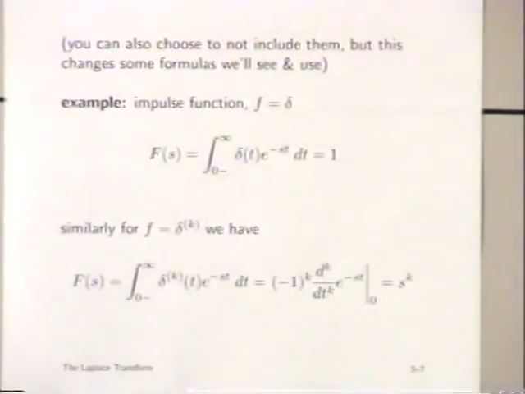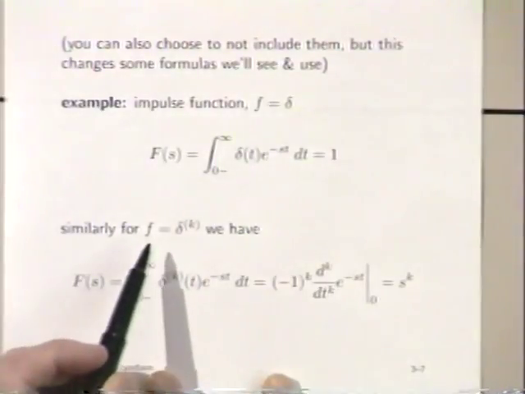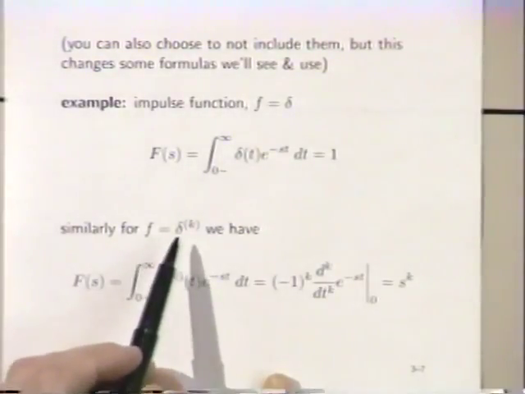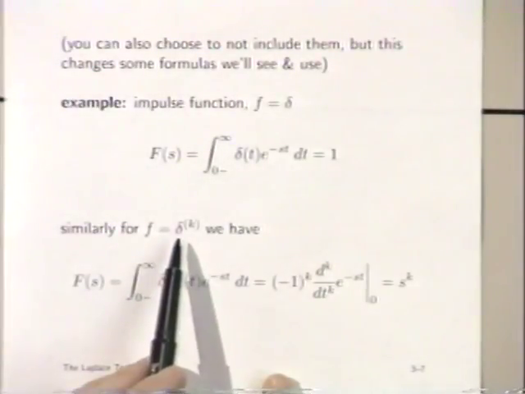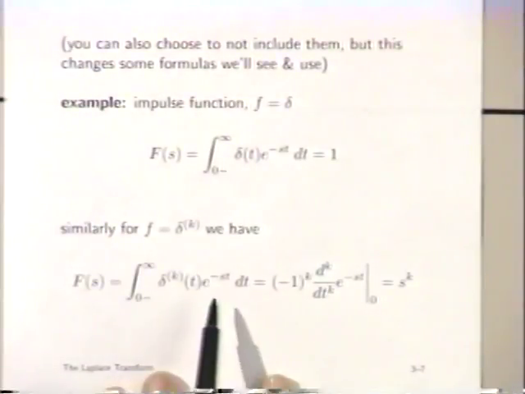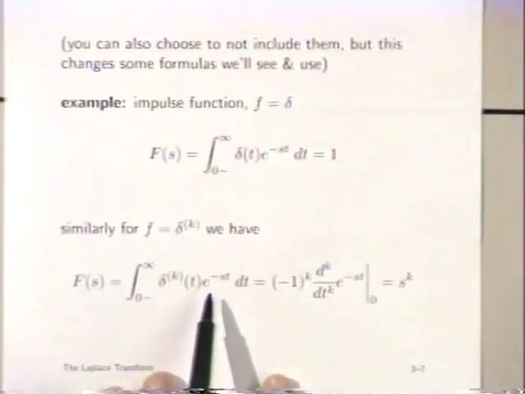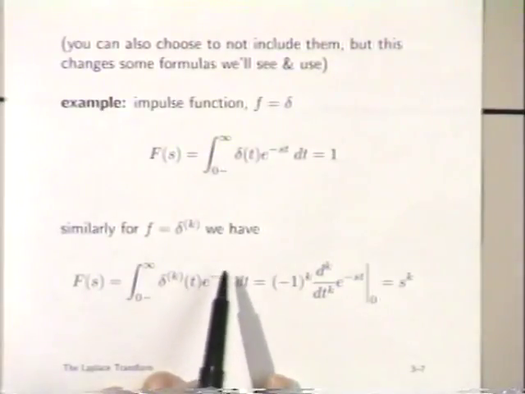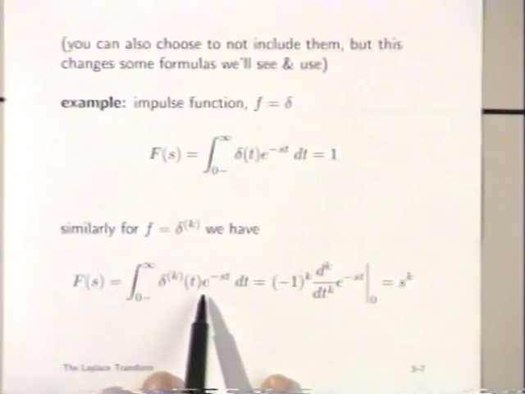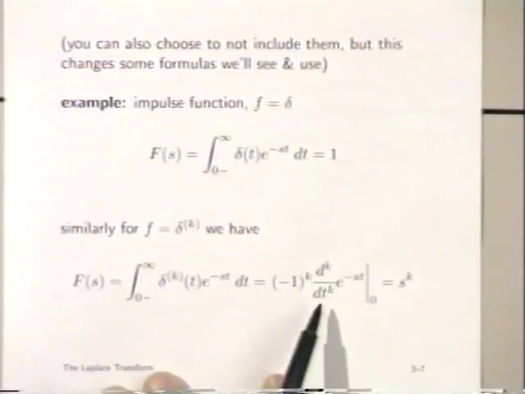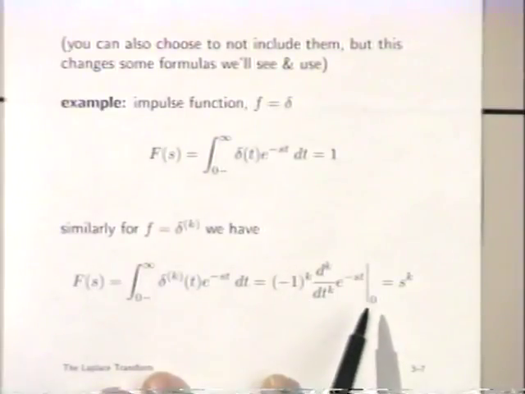Now, as another example, you can take the Laplace transform of a delta function differentiated k times. Well, what you get is minus 1 to the k times the kth derivative of e to the minus st with respect to t, differentiate, and then evaluate it at t equals 0.